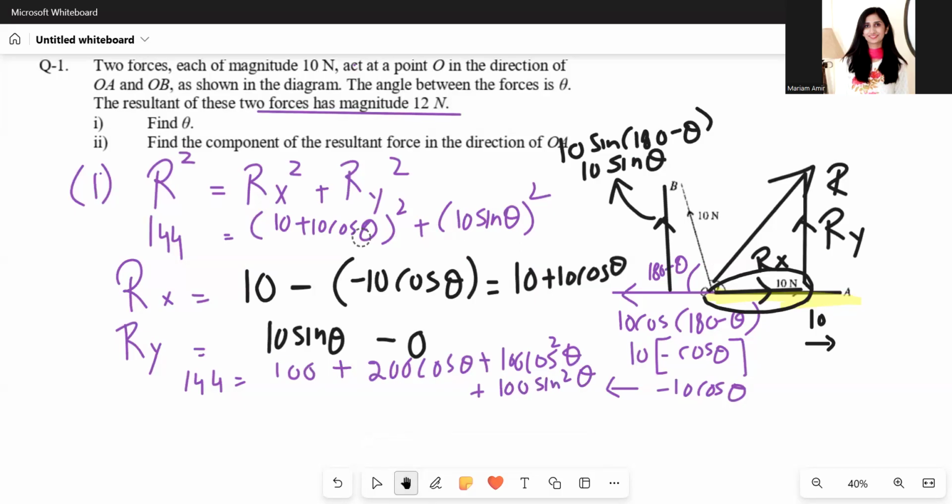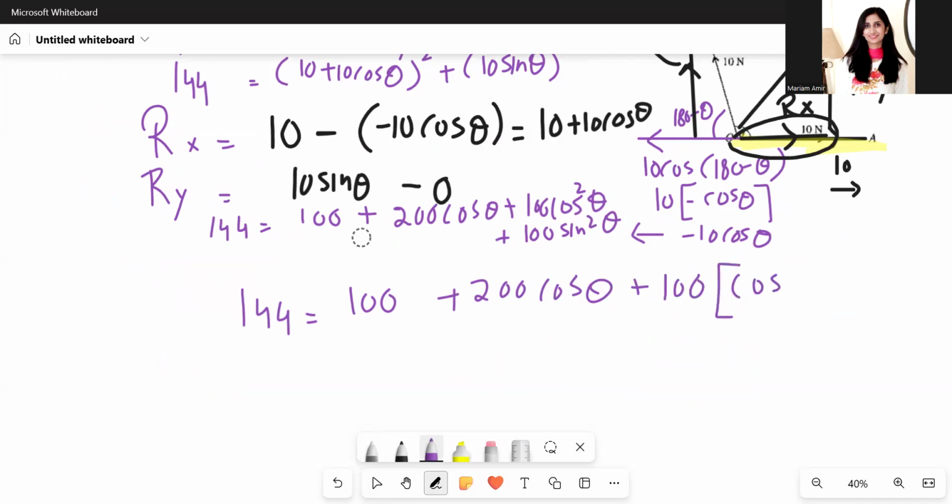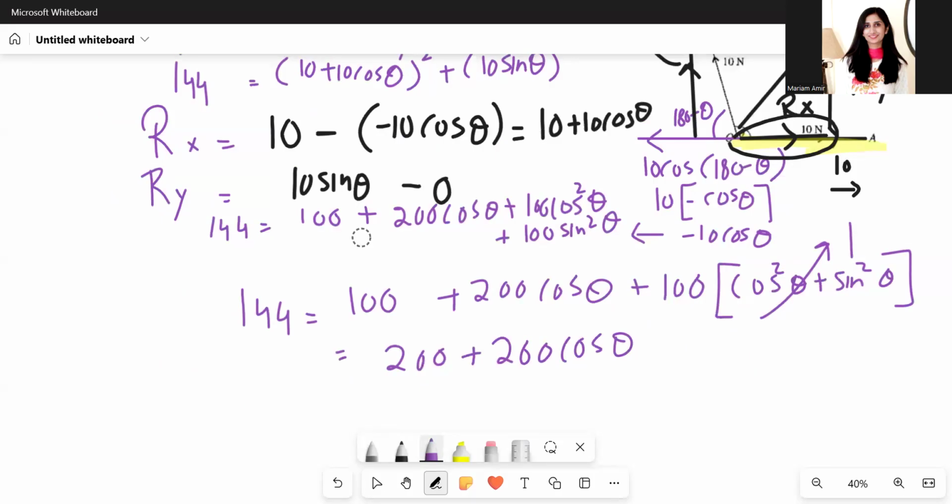Okay, let's simplify this. We get 144 equals 100 plus 200 cos theta plus 100 cos squared theta, plus 100 sine squared theta. Take 100 common, you get cos squared theta plus sine squared theta, which becomes 1. So we have 200 plus 200 cos theta equals 144.